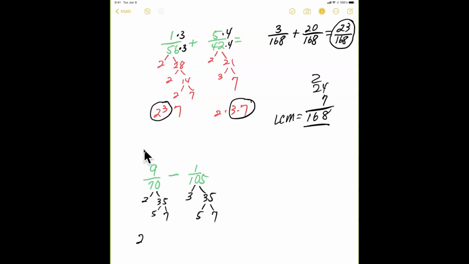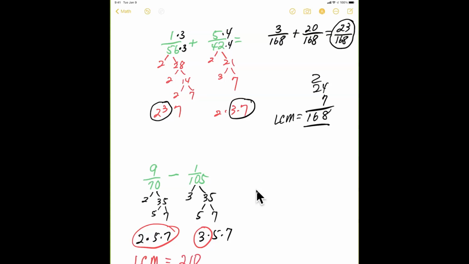So the prime factorization is 2 times 5 times 7. And on this side, we have 3 times 5 times 7. So we have to take something of everything. So we're going to take all of this and this from that other table, and we'll have taken everything. So 2 times 5 is 10, times 7 is 70, times 3 is 210. So our LCM is 210.